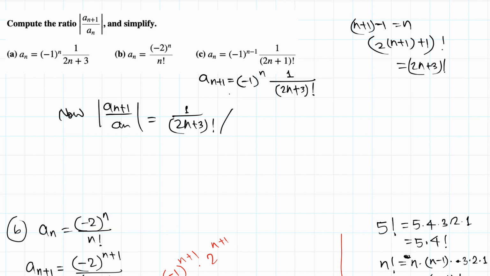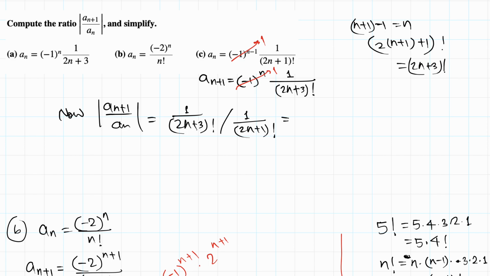Divided by a_n, and we are taking absolute value, that will make this go 1 as well. And 1 over 2n plus 1 factorial. 2n plus 1, 2n plus 3, so that's the 2 more.